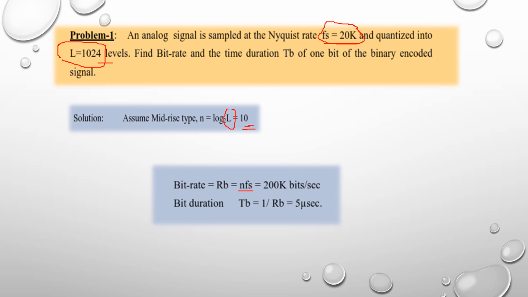After calculating the bit rate, we have to find out the time duration. Time duration Tb is equal to 1 divided by bit rate. Replacing the bit rate with 200k, we get 5 microsecond. So the bit rate is 200k bits per second and the bit duration is 5 microsecond.